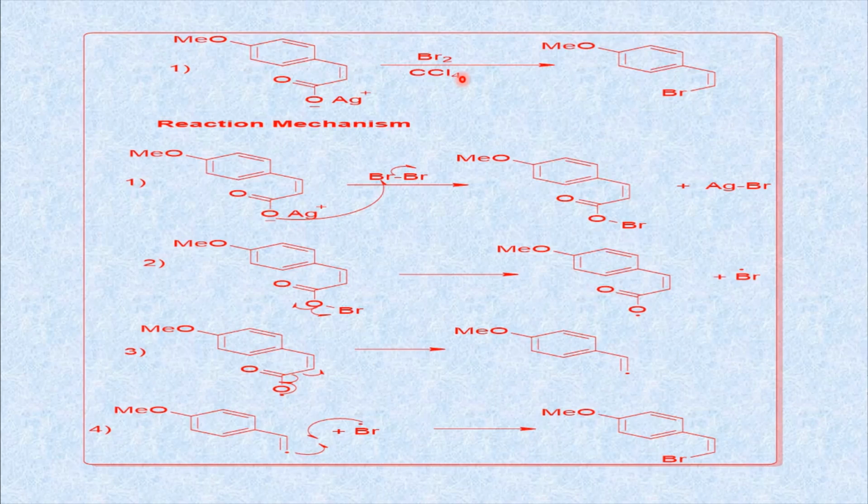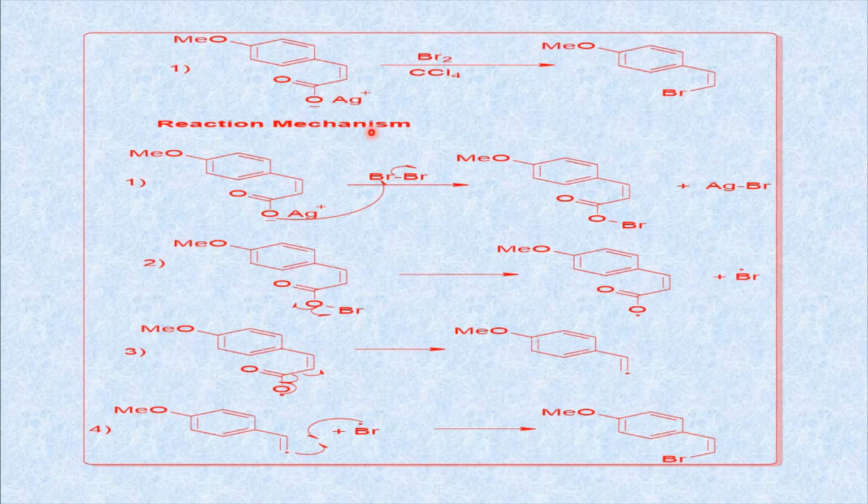For decarboxylation, or the degradation of the carbon chain by one unit, you will get this halide. Now let's see its reaction mechanism, how it undergoes decarboxylation and how Br joins to this carbon.